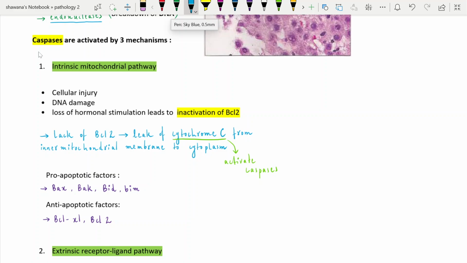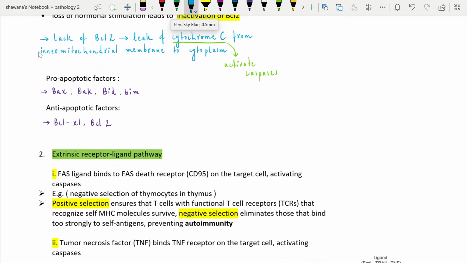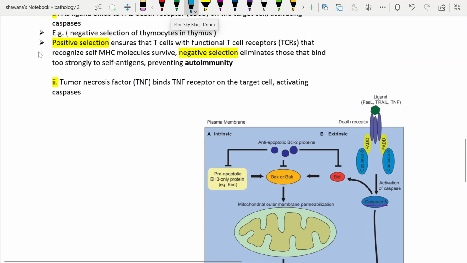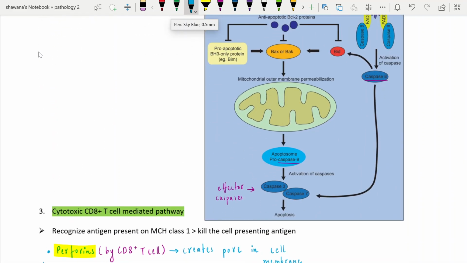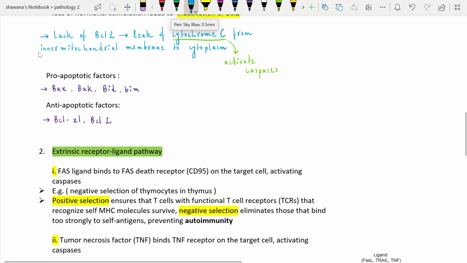First of all, the most important and the most popular is the intrinsic mitochondrial pathway, and the second is the extrinsic receptor ligand pathway, and third, which we discussed a bit just before, is the cytotoxic CD8 positive T cell mediated pathway. So let's discuss them one by one.